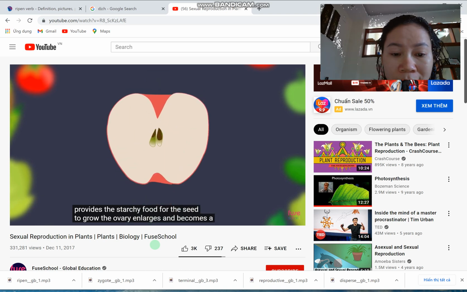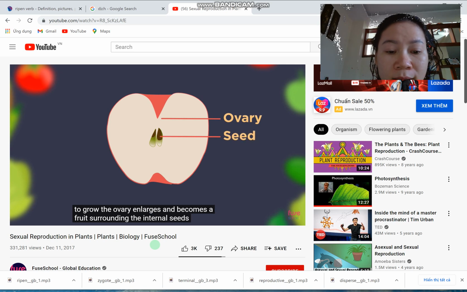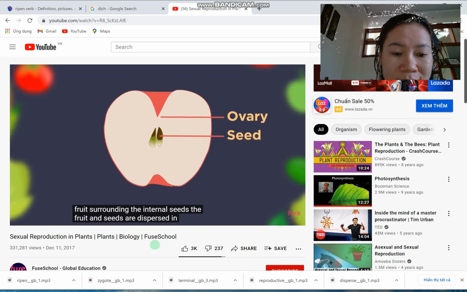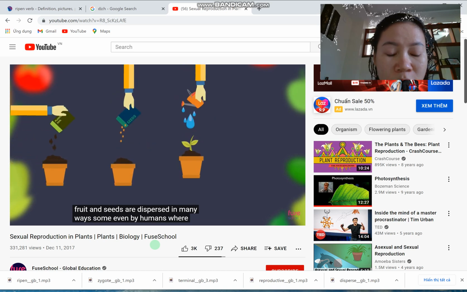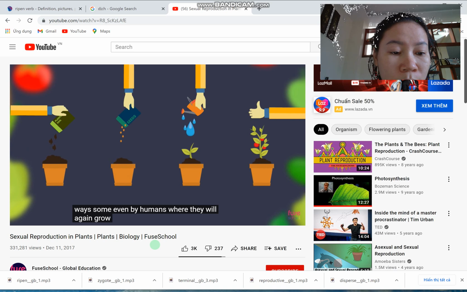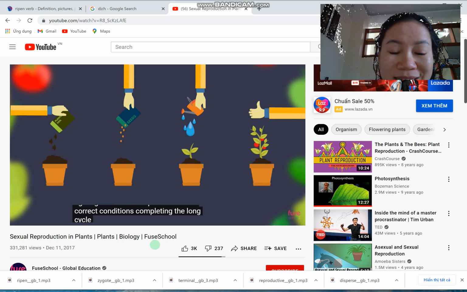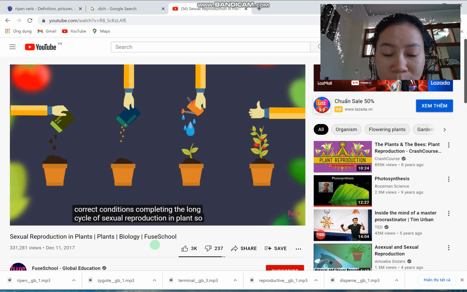The ovary enlarges and becomes fruit, surrounding the internal seed. The fruit and seed are dispersed in many ways, some even by humans, where they will again grow into a new plant under the correct conditions, completing the life cycle of sexual reproduction in plants.